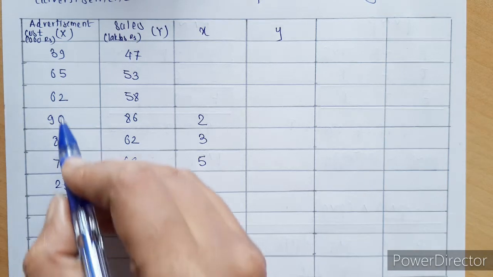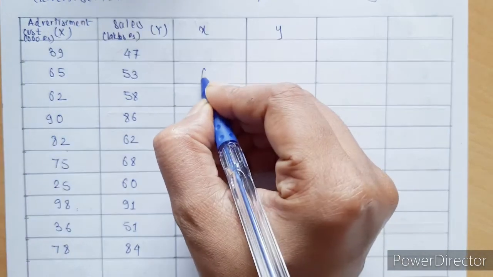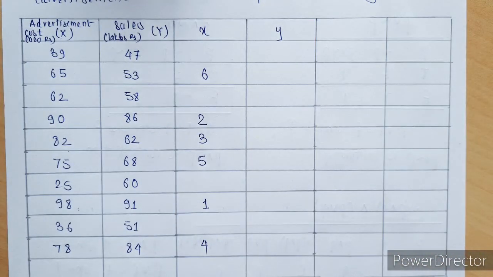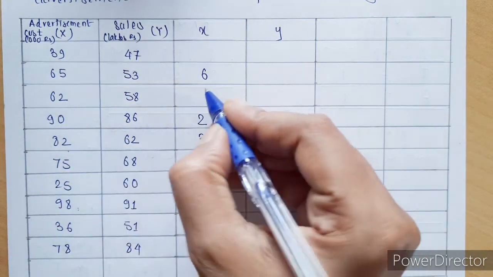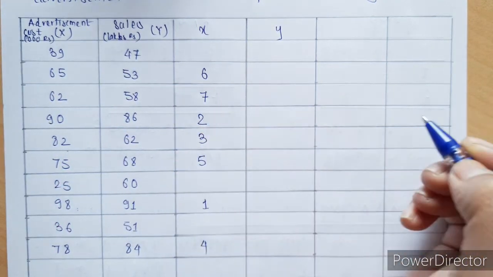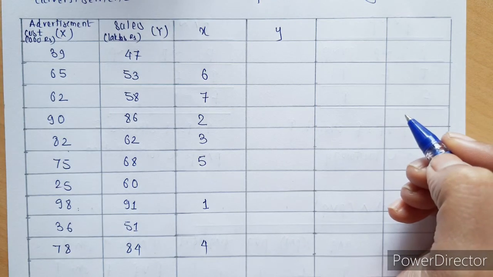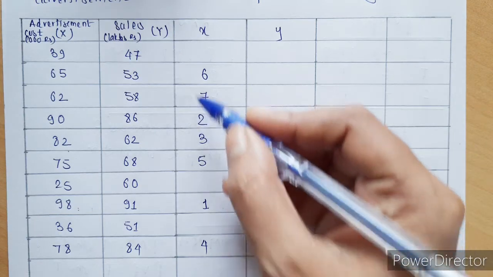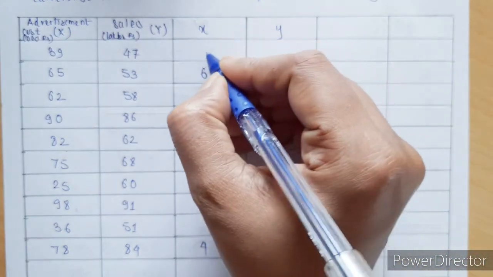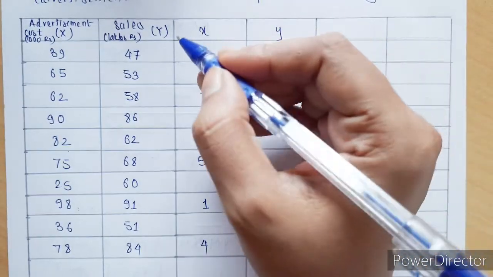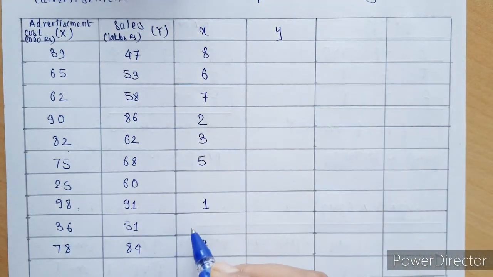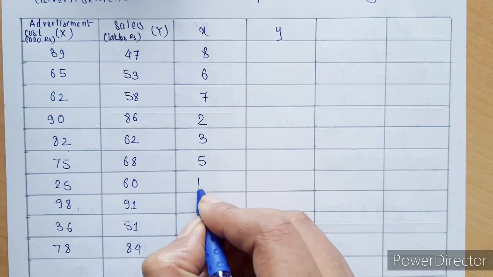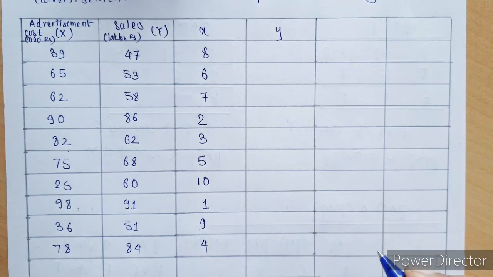Next is 65, rank 6. Next is 62, rank 7. After 62, we have 39, which gets rank 8. After 39, we have 36, so rank 9, and the last one is 25, which gets rank 10.